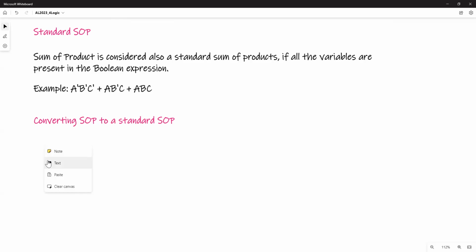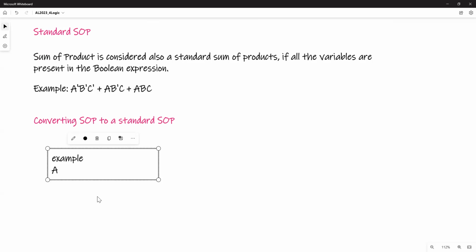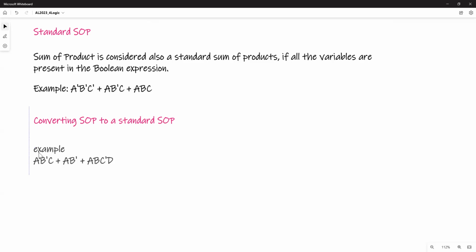So it's like this. Let's say we are given some SOP like this. Right? So in this example, we have A B dash C plus A B dash plus A B C dash D. So is this a standard form or not?